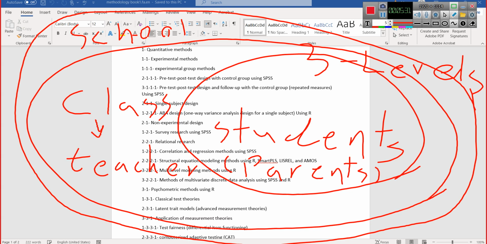Like the well-known international data sets like TIMSS, and TIMSS is about math and science achievement, actually trends in mathematics and science achievement.